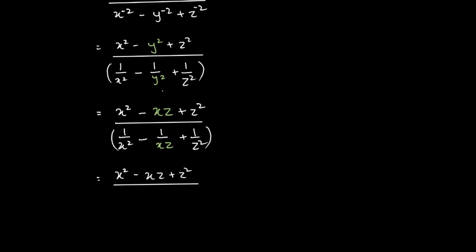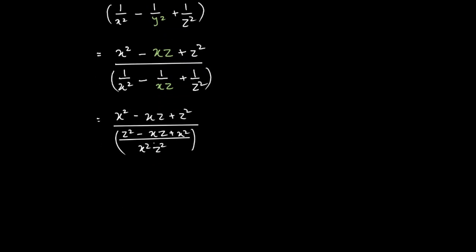I have x² here, I would have to make this z². I have xz here, I would have to get another xz. I have z² here, so that becomes x². So this here would be my denominator.